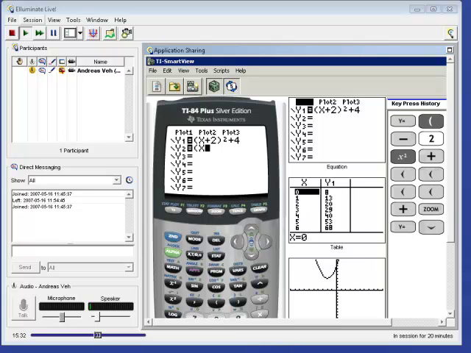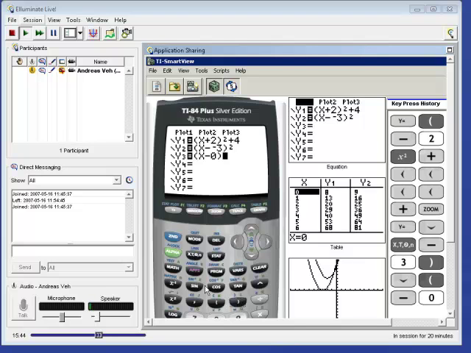Okay, the other 3. So that would be x minus negative 3 squared and x minus 0 squared and x minus positive 3 squared.